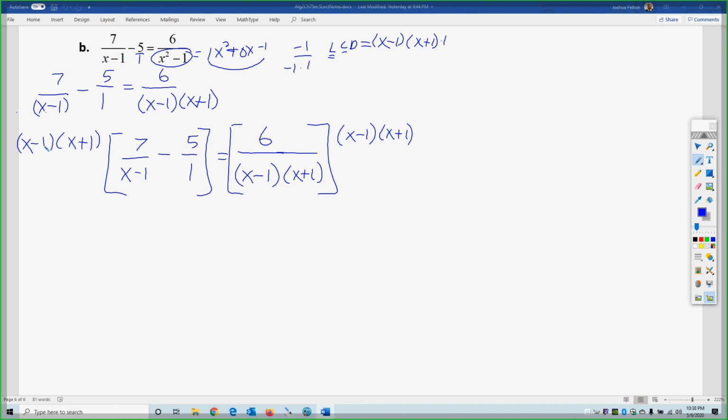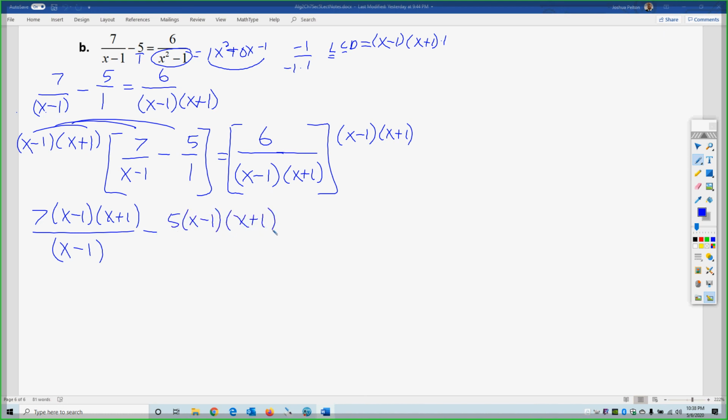Okay, so we distribute to the 7 and the 5. So we have 7 times x minus 1, x plus 1 over x minus 1, minus 5 times x minus 1, x plus 1 all over 1, and equals 6 x minus 1, x plus 1 over x minus 1, x plus 1.